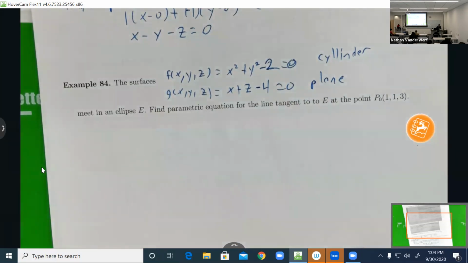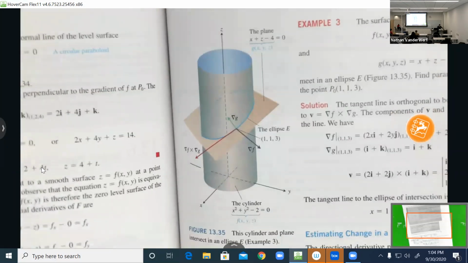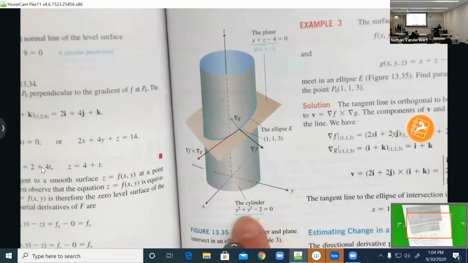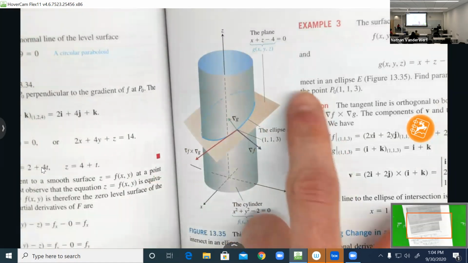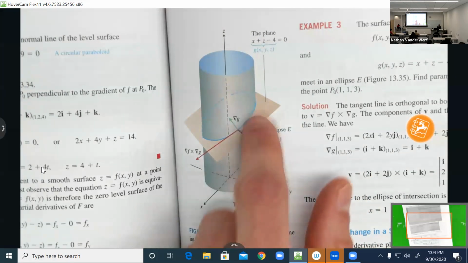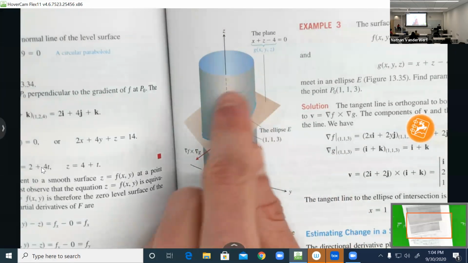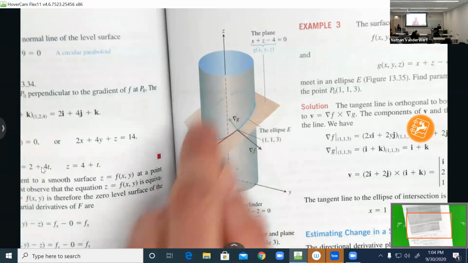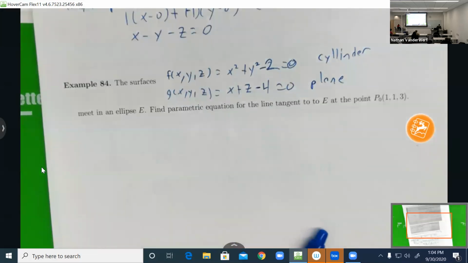Think of it this way: here's the cylinder x squared plus y squared minus 2, and here is the plane x plus z minus 4. When they intersect, it's going to make an ellipse, yes. Right.